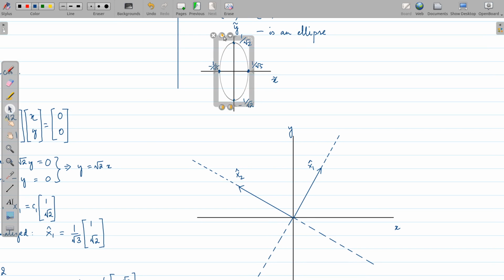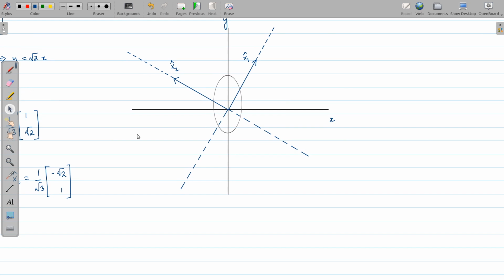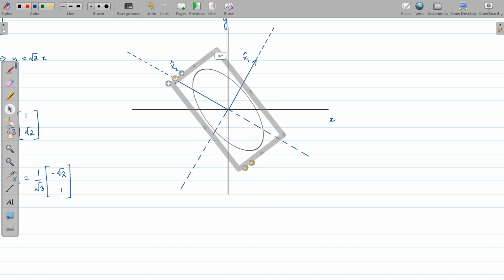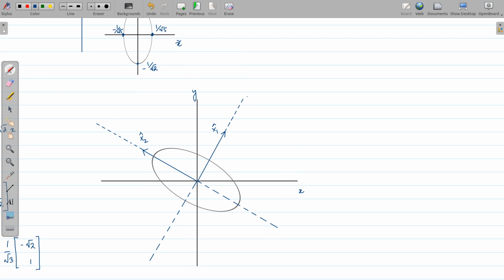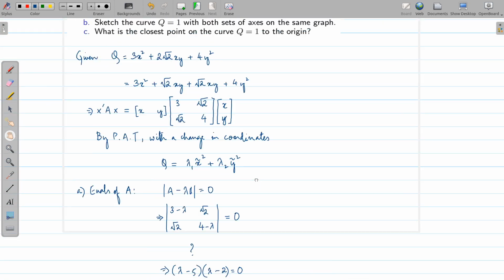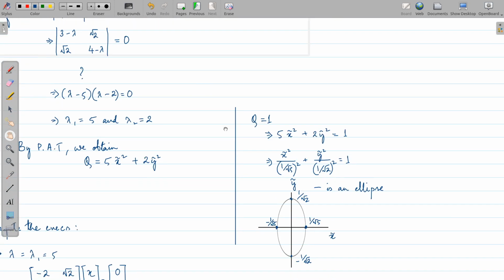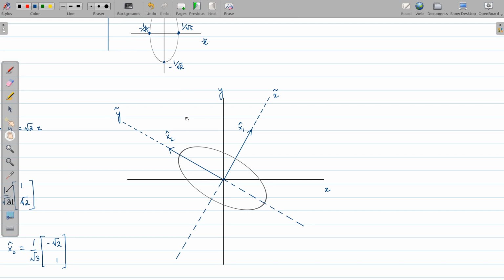The ellipse will be something like this. It will be aligned along the principal axis. This is how the ellipse is aligned, and as per our diagram here, this is the x tilde axis and this is the y tilde axis. So that takes care of the second part of the problem, sketching q equal to 1 using both sets of axes. This is what we have done.